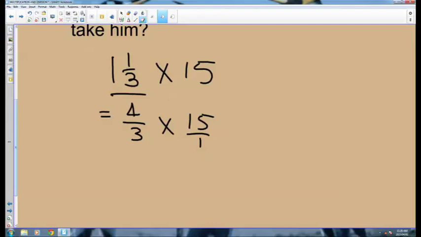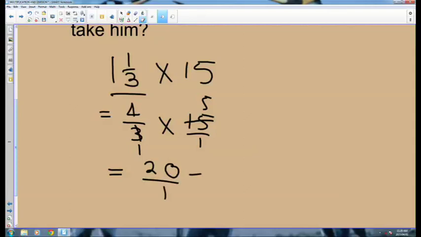Now, you check a factor which can go into 3 and 15, and then a factor which can go into 4 and 1. Now, 3 into 3 is 1, 3 into 15 is 5. So this will be 4 times 5 is 20 divided by 1 times 1, which is 1.